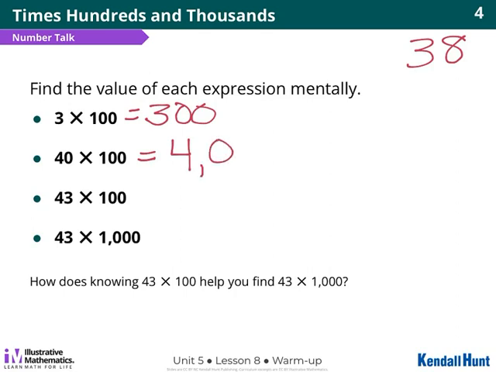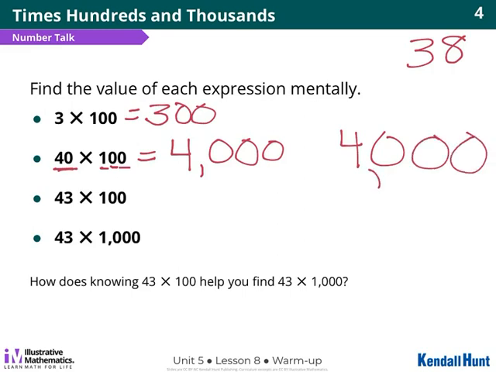So this one could be a little confusing. Remember, we're going to take this number times 1. So I know 40 times 1 is 40. And then I've got the 2 zeros in 100. So that's why it would be 4,000.